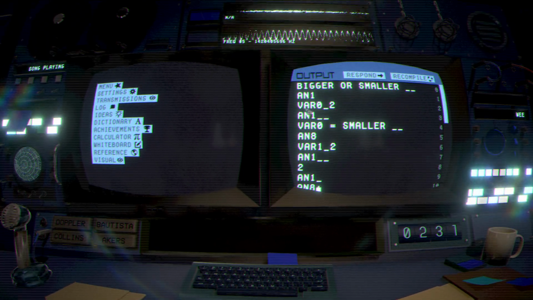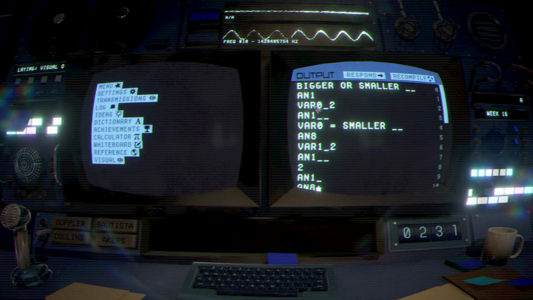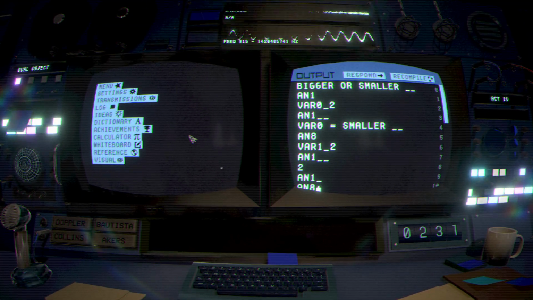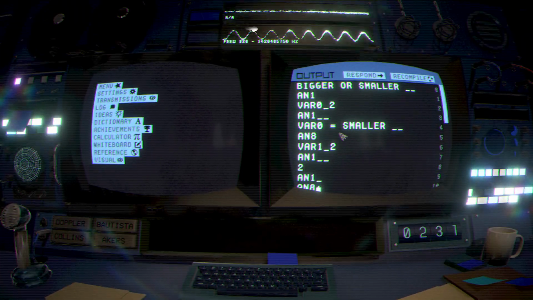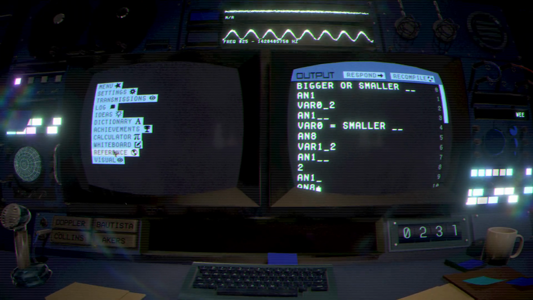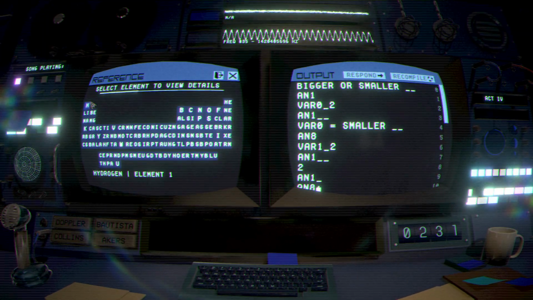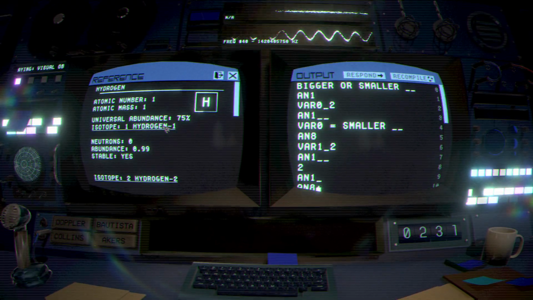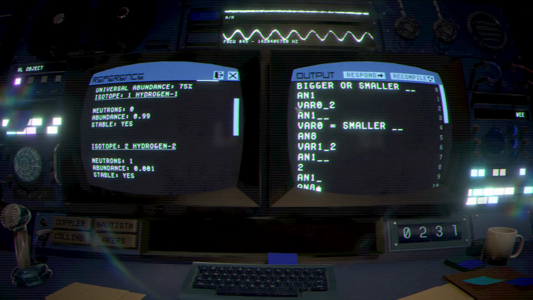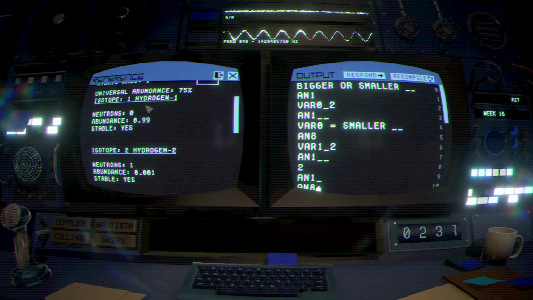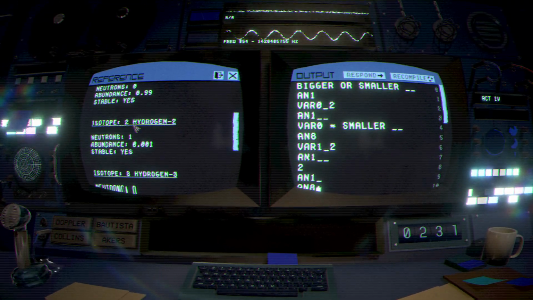So atomic number 1, variable 0, 2. Atomic number. What the heck could that mean? Atomic number 1, variable 0, 2. I think isotope 2?